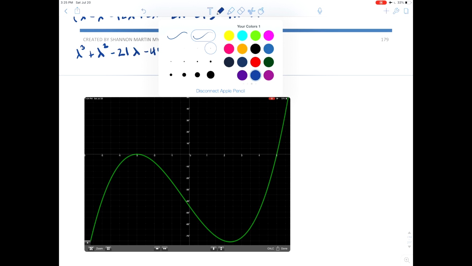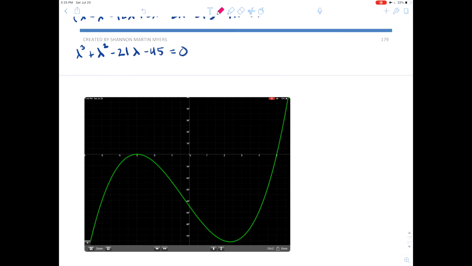So as you can see, the solutions to this equation right here at negative 3, we have a 0. And this is kissing the x-axis. It's tangent to the x-axis.